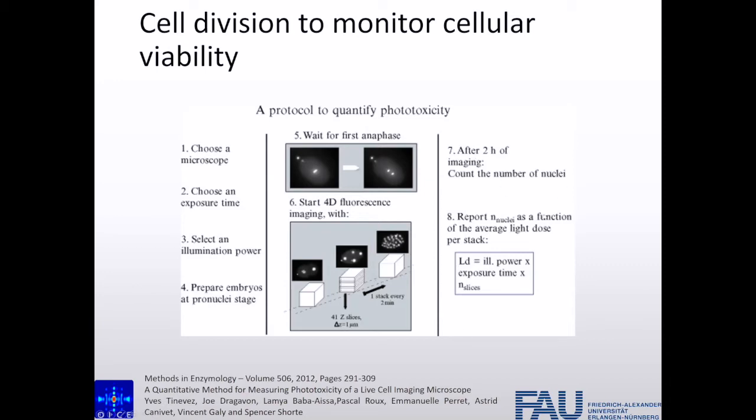And you can calculate, if you compare the embryo from the incubator with the embryo in the microscope, if they have the same number of nuclei, then you know there's no effect of the microscope on our cellular viability. If there's a difference, then you already know, oof, we impact our cellular viability by our microscope settings. This is really not easy to perform, but this is what I would say is the gold standard to test for cellular viability.